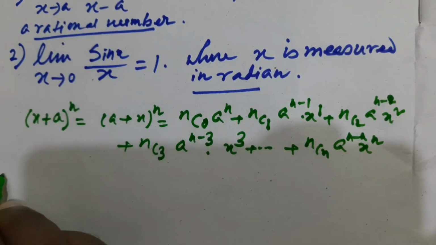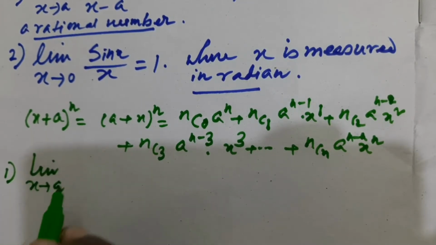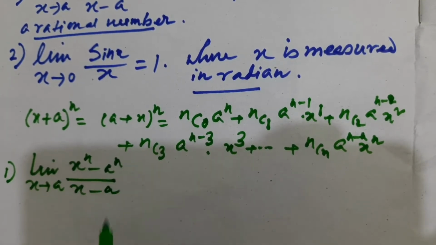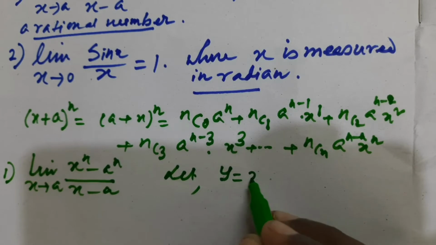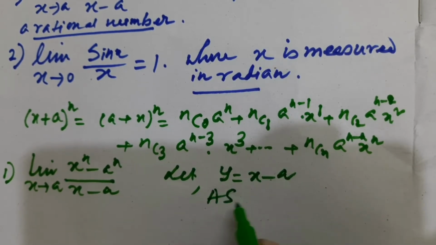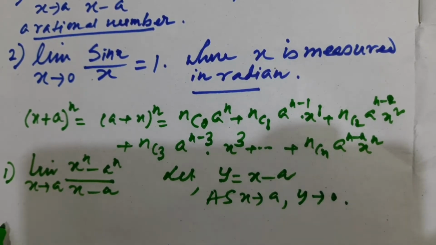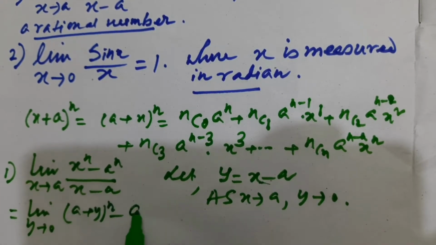Now see, for question number 1, here is the limit x tends to a, x to the power n minus a to the power n by x minus a. Let y is equal to x minus a. As x tends to a, therefore y tends to 0. Therefore this is equal to limit y tends to 0, and in place of x we put a plus y whole to the power n minus a to the power n by y.